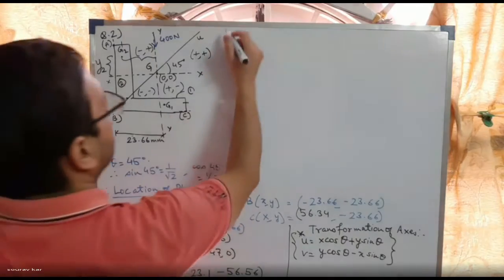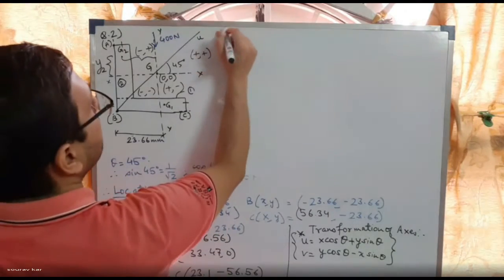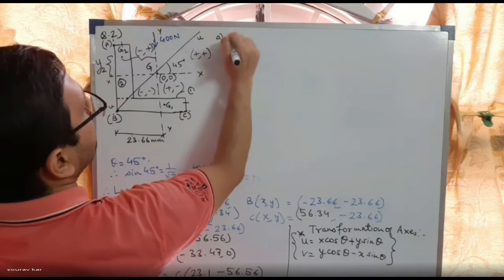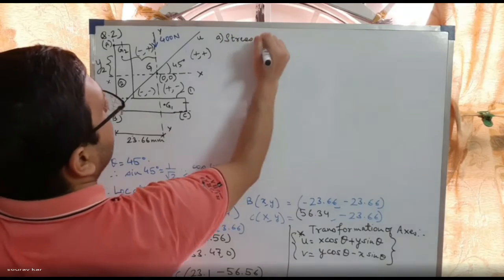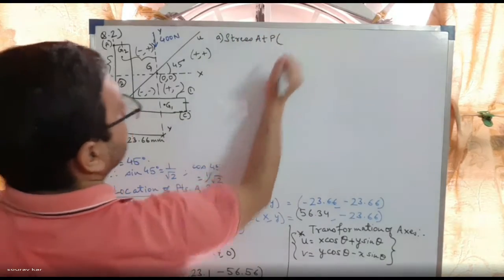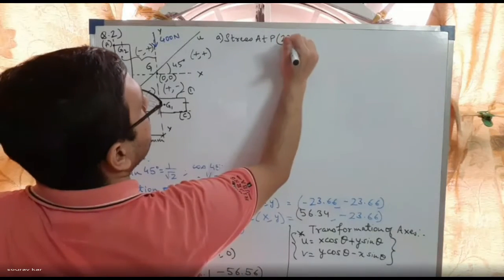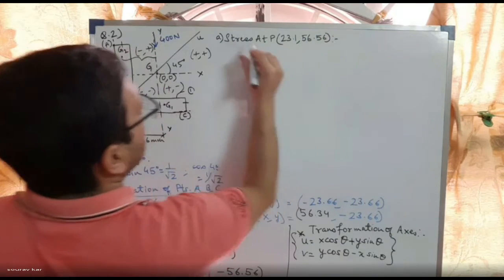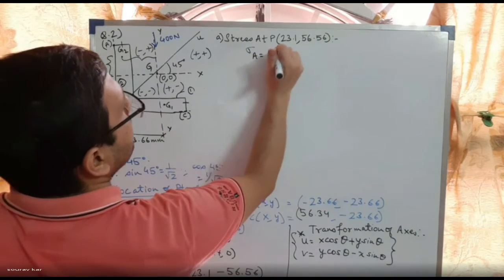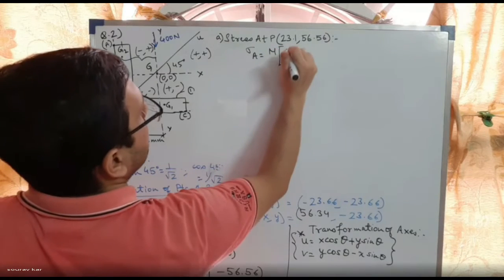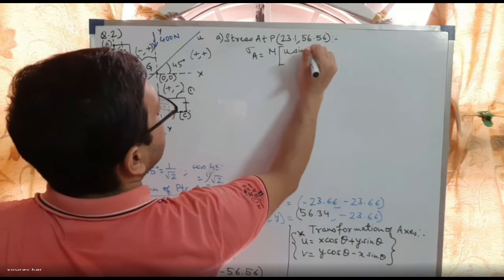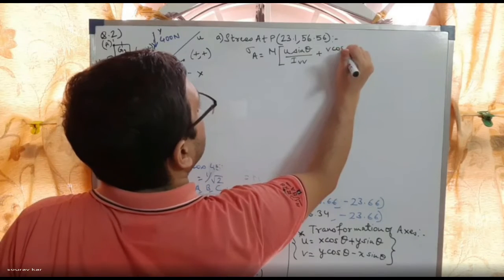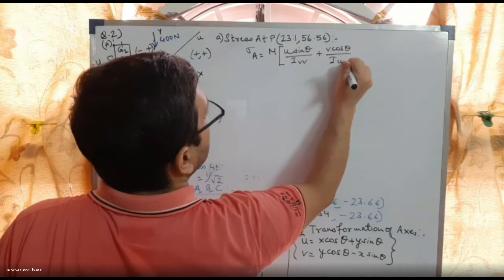So now under step 3 only, we will calculate the stress at point A. The point A is 23.1, 56.56. So the stress at point A, the same formula: M into U sin theta by IVV plus V cos theta by IUU.